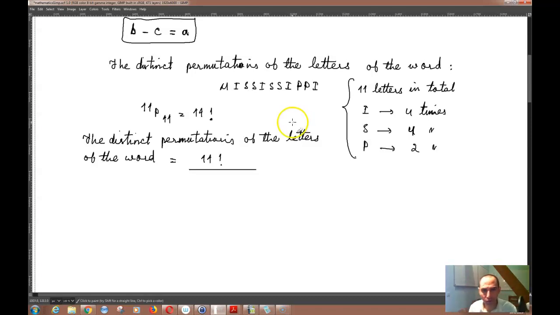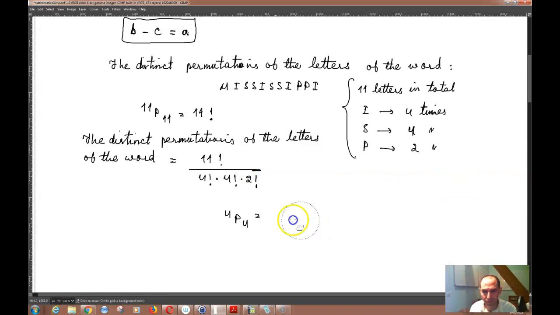So all the permutations related to these 4 letters would be 4 permutation 4, which is equal to 4 factorial. So over here I can write 4 factorial. By the same logic, all the permutations related to S would be again 4 factorial. All the permutations related to P would be 2 factorial.